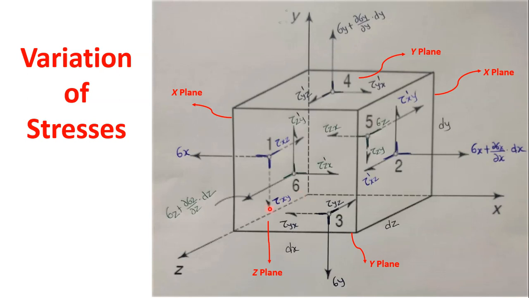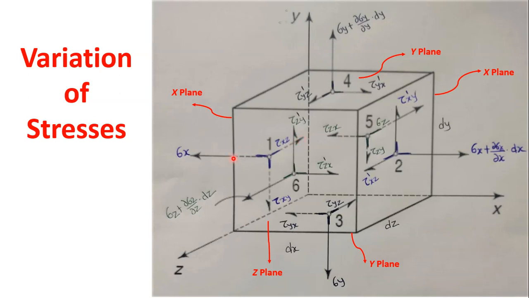Now let us consider the x plane, to the left of this cube. On this plane the stresses acting are sigma x, please follow the cursor, tau xy downward, and tau xz.